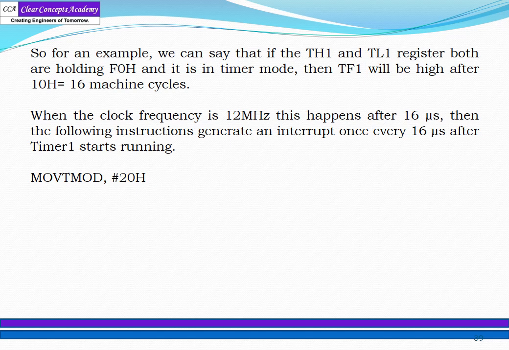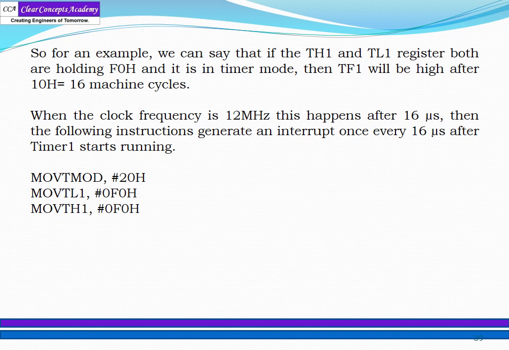Move TMOD to 20H. You are setting the timer mode; how to set the timer mode we have already seen many times. Then move TL1, hash 0F0H, to the lower byte of timer 1.